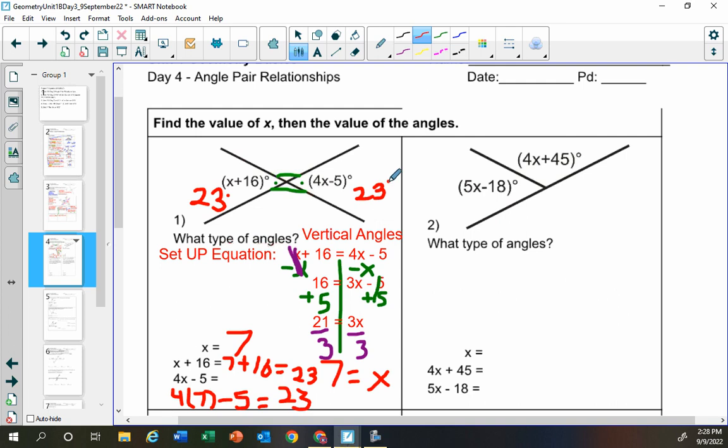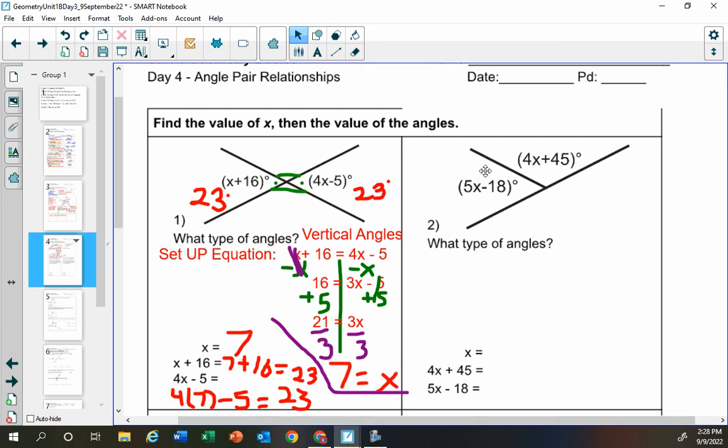Okay, let's look at the second one. Just gonna put a line to separate. That's special for anybody who was absent. Are they adjacent?